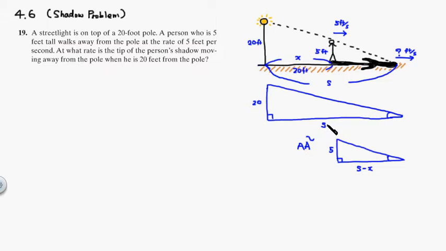The ratio of s minus x over 5 is equal to the ratio of s to 20, because these are similar triangles.